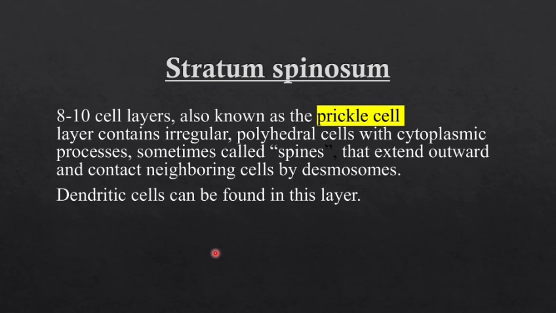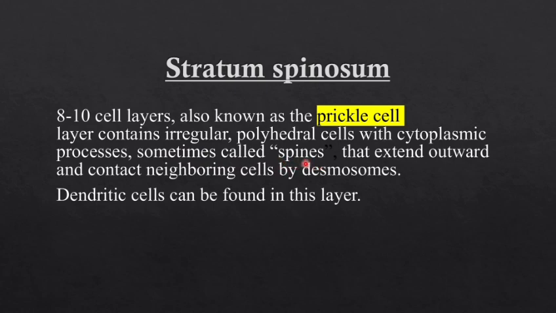Next layer is stratum spinosum. In this stratum spinosum there are 8 to 10 cell layers, also known as prickle cells. The layers contain irregular polyhedral cells with cytoplasmic processes, sometimes called spines. See guys, it is the most important thing.